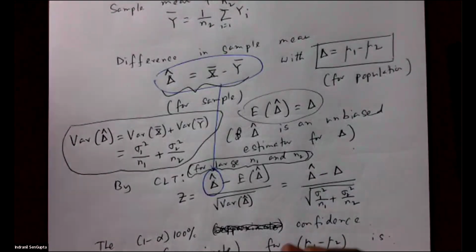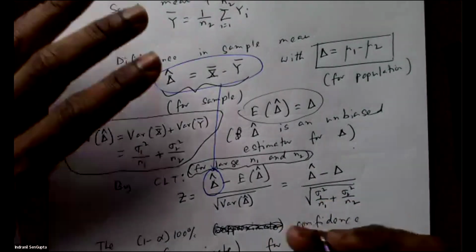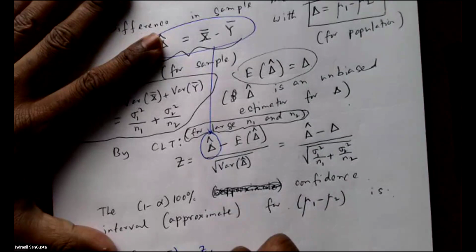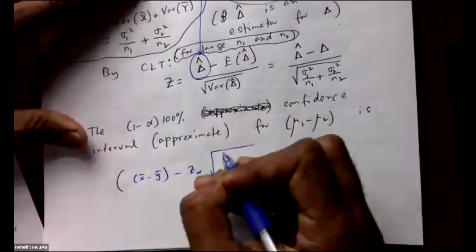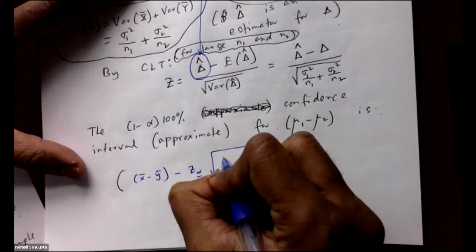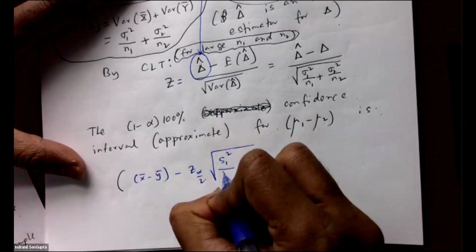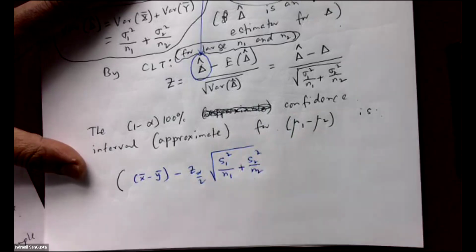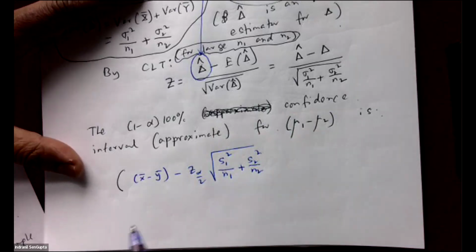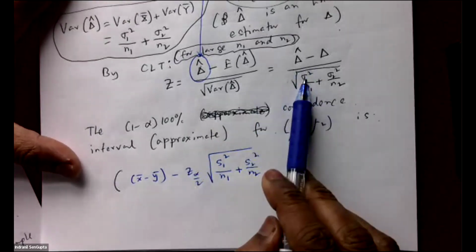So let's write it down. We have z of alpha over 2 and then the whole thing: s1 squared over n1 plus s2 squared over n2. By the way, what are s1 and s2? This is the estimator for sigma 1 squared.